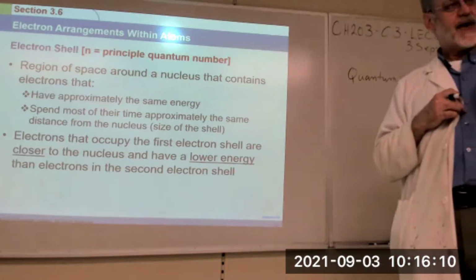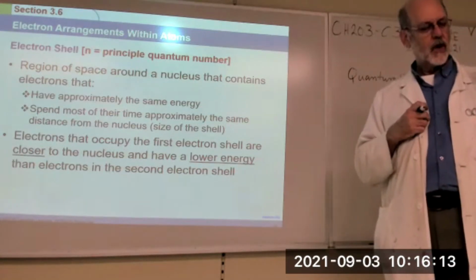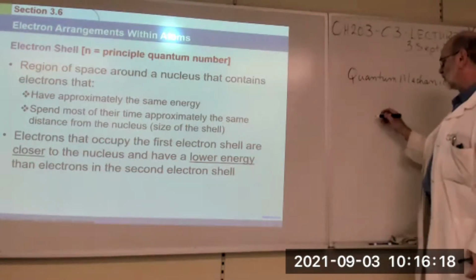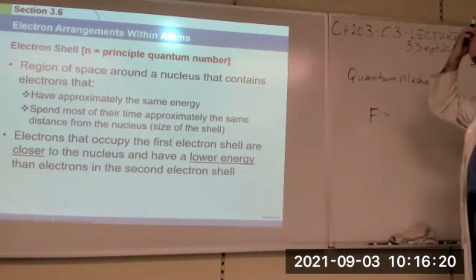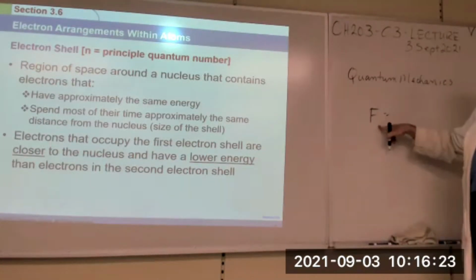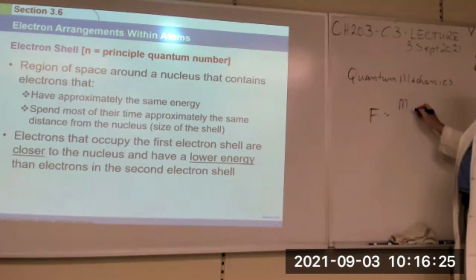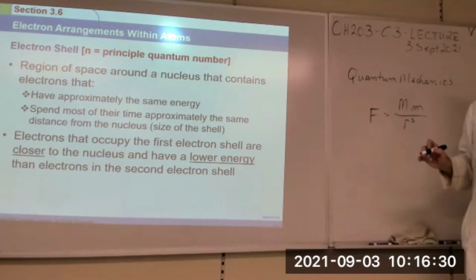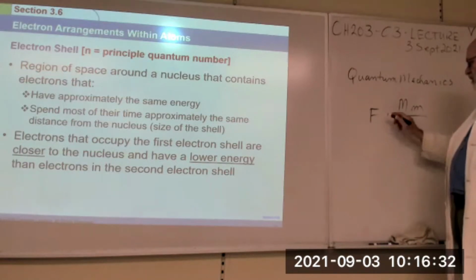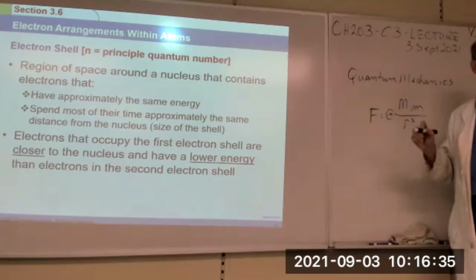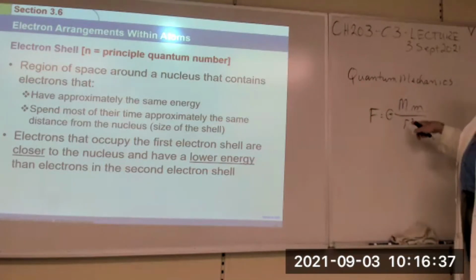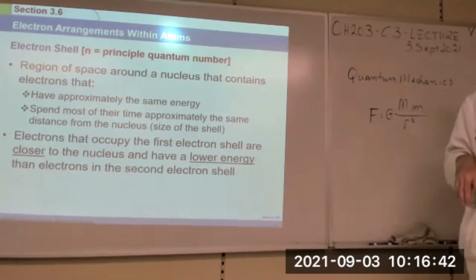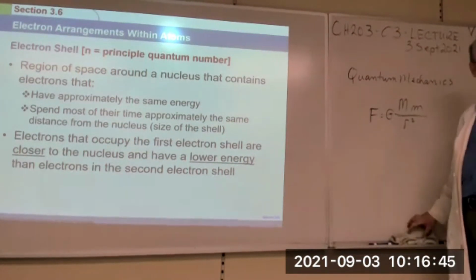And then he morphed that one into the Law of Universal Gravitation and gave us a formula for that also. So two bodies in space will attract one another with this force based upon the mass of one of them times the mass of the other one divided by the square of their distance. Oh, and then we had a proportionality constant. Right? So all of those are considered part of classical physics, classical mechanics.